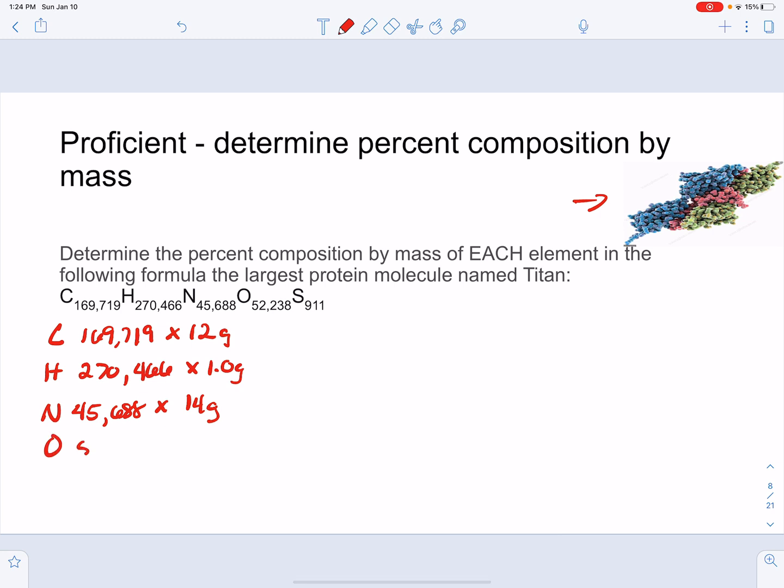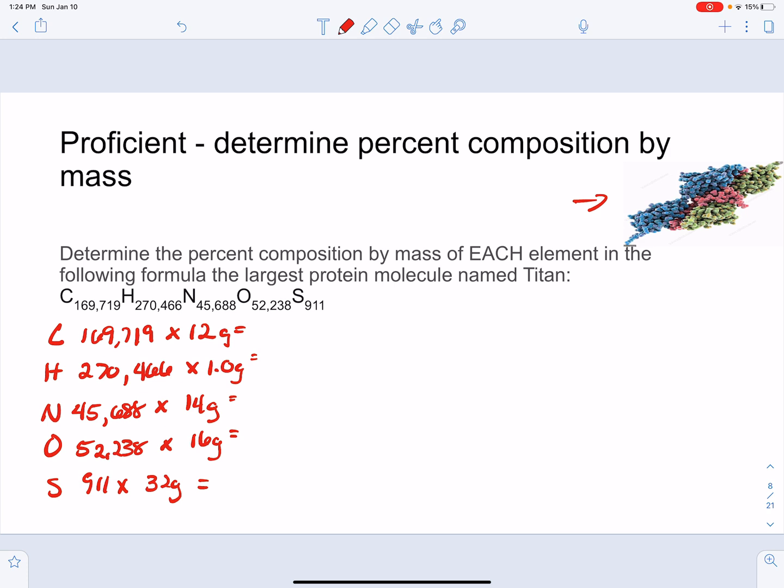For our oxygens, we have 52,238, and each oxygen weighs 16 grams. And for our sulfurs, we have 911, and each sulfur weighs 32 grams. These are going to be some pretty massive numbers. I'm going to have to write small so I can get all this information in here.